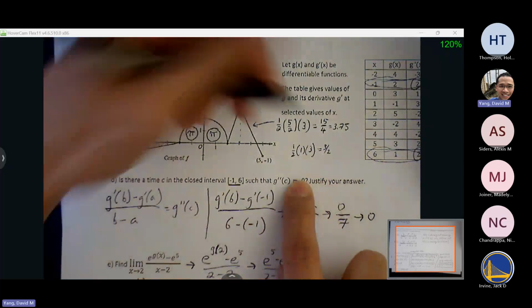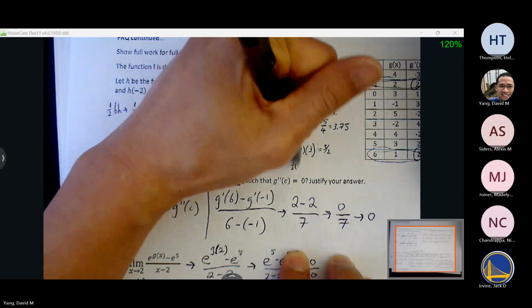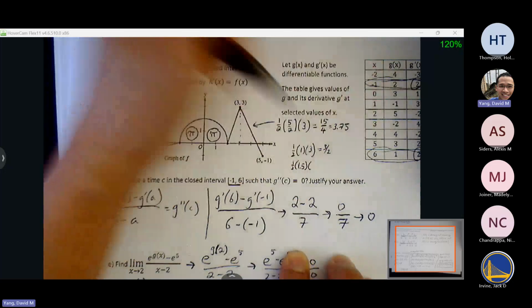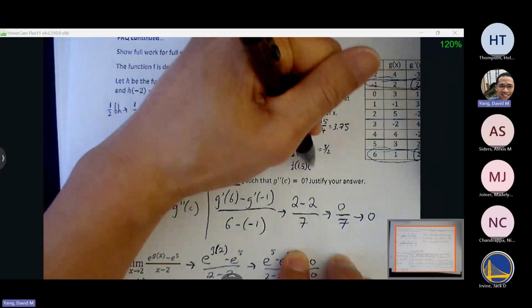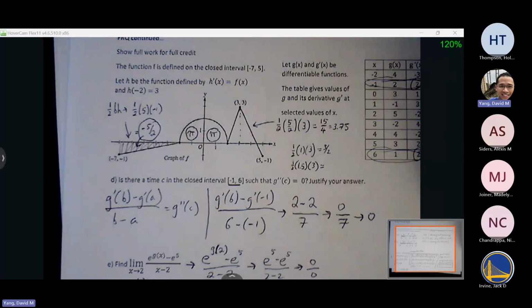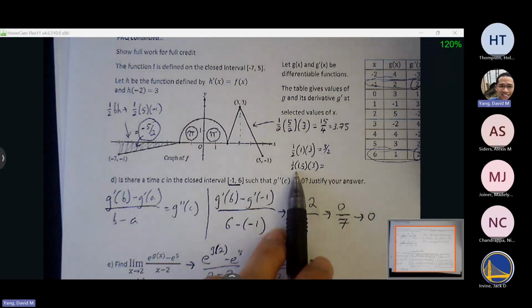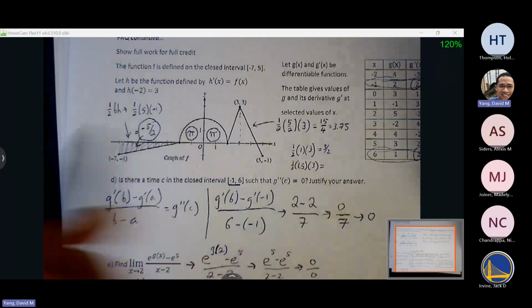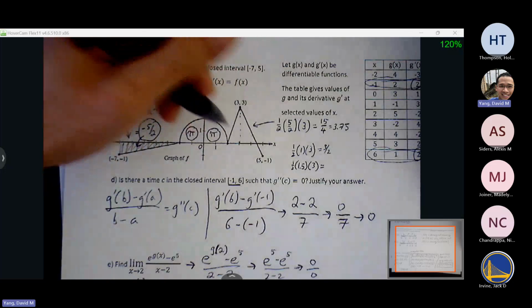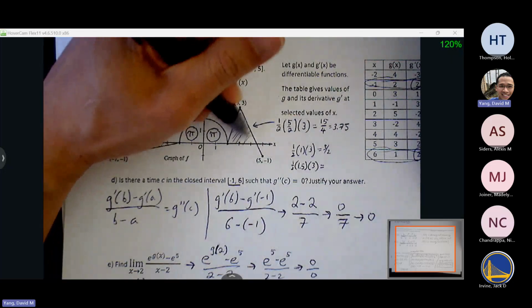Let's see, 1.5. Oh, I see. Instead of 1.5, I did 1/2. I see. Okay. But either way, we should be able to get to the same value. Yeah. Okay, good.